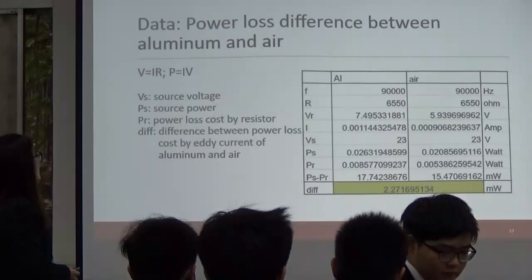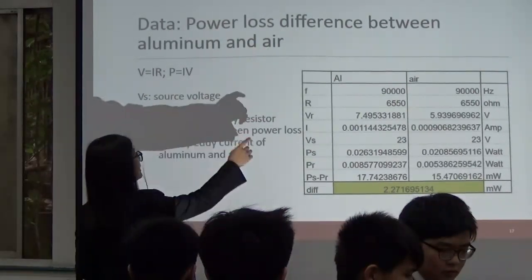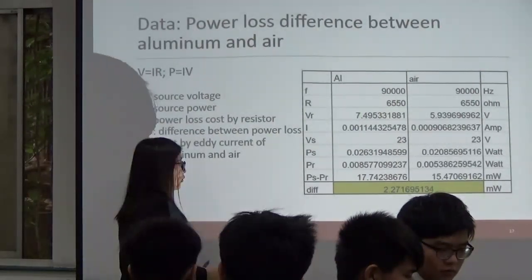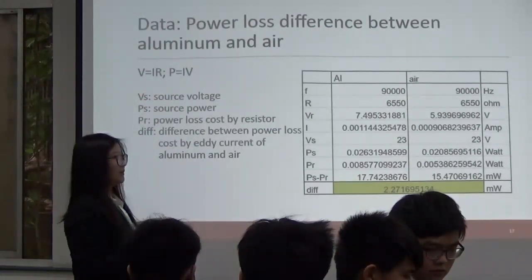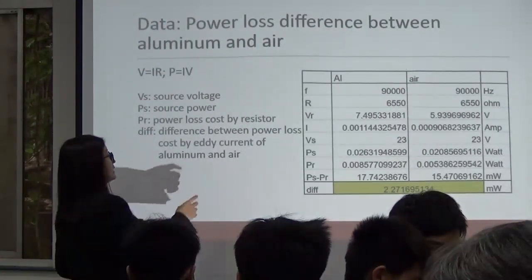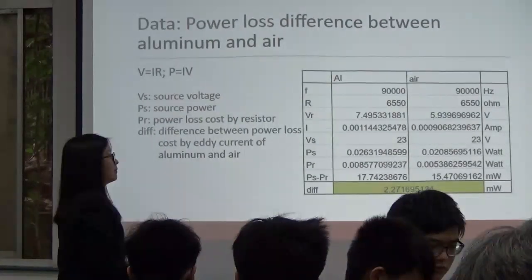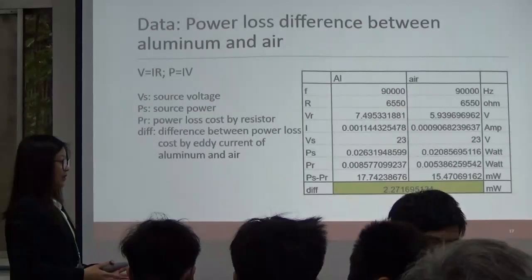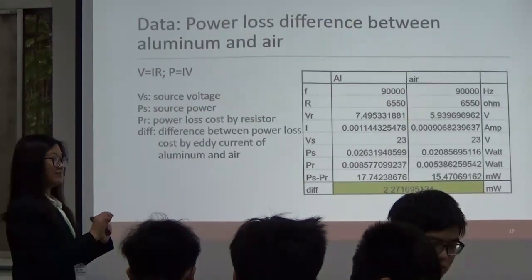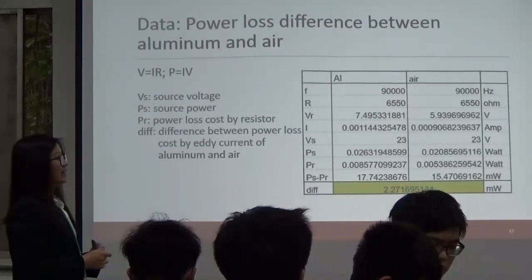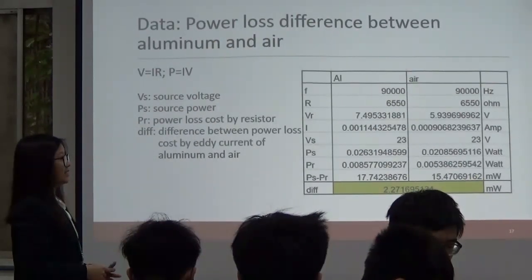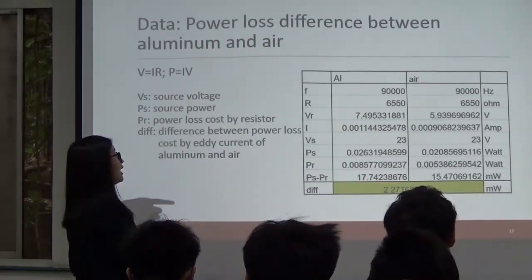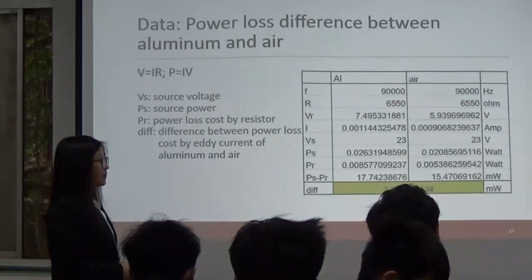Okay, please. Okay, so this is the frequency, and we changed the frequency from the waveform generator. And the R was 6550 ohms, and we get it by just seeing how big the resistance is. And then for VR, we get it from the oscilloscope.